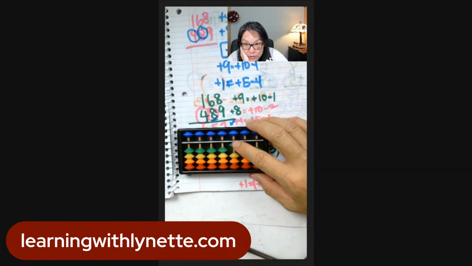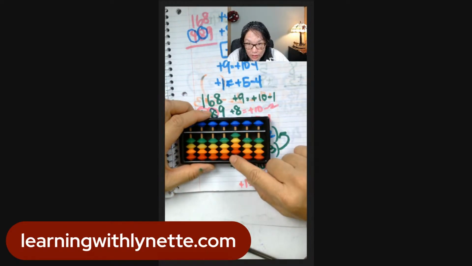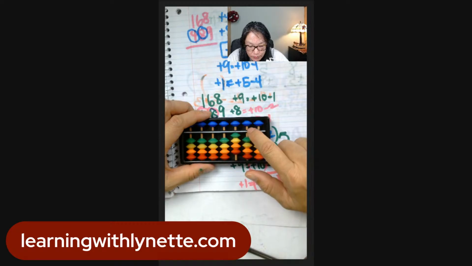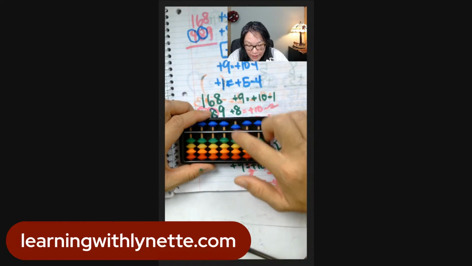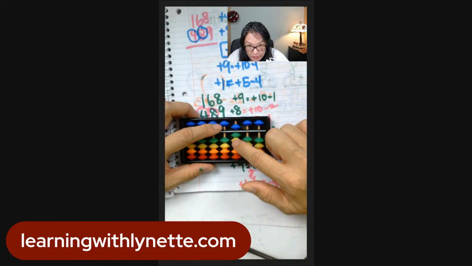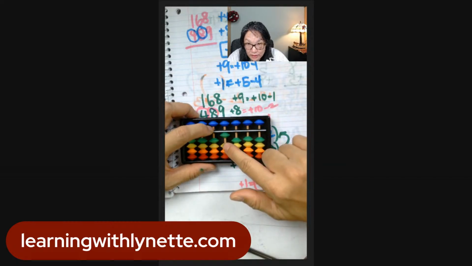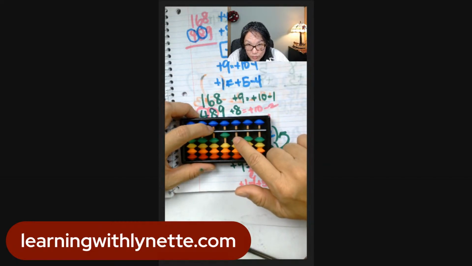Let's do a review. So we're going to count 1, 2, 3, 4. Every time the beads are touching this horizontal bar, this is what's being counted. So this is 4. And then we have 5. 5 is the top bead. We have 6, 7, 8, 9. And then we have 10. 10 and 0.